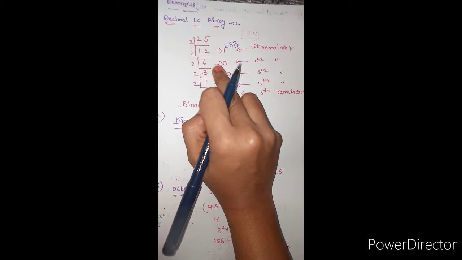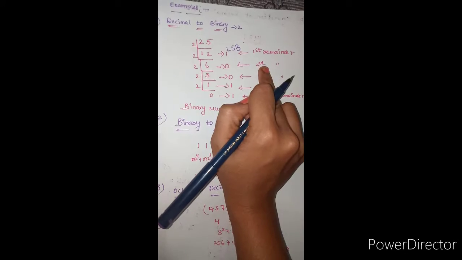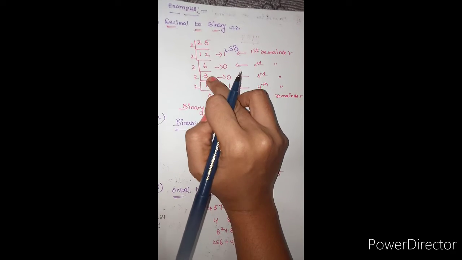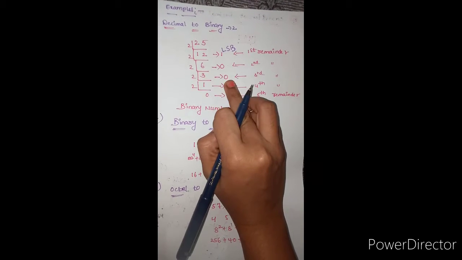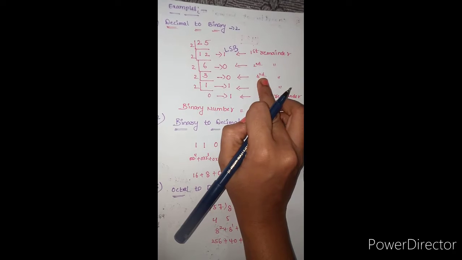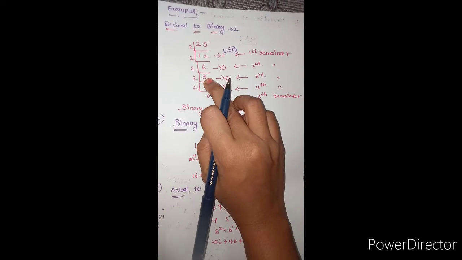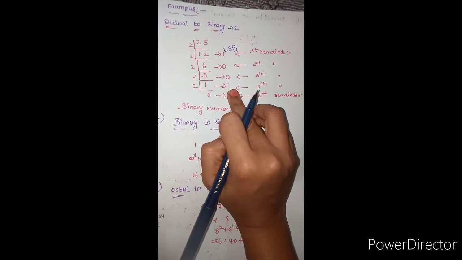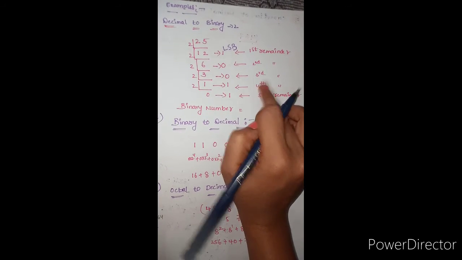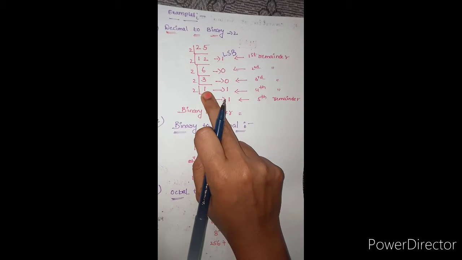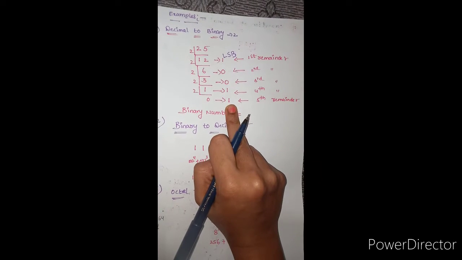There is no remainder, so 0 is the second remainder here. 2 threes are 6, the remainder is 0. This is the third remainder. 2 ones are 2, here 1 is the remainder. This is the fourth remainder. 2 0, here 1 is the fifth remainder.